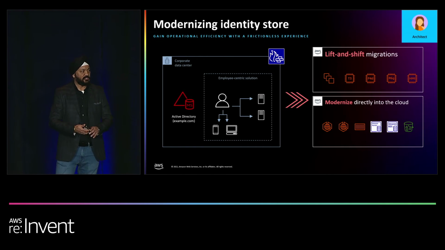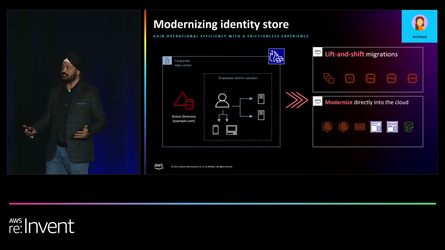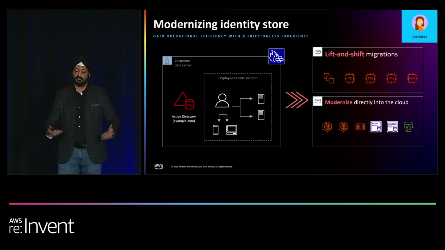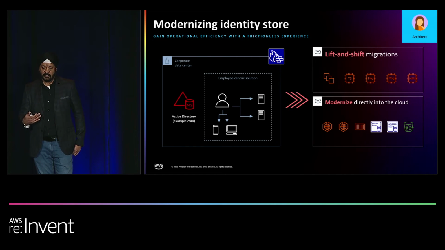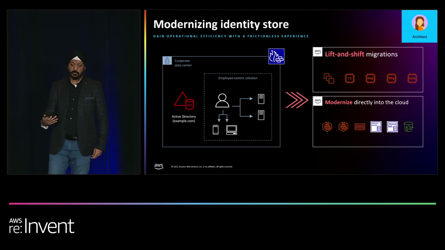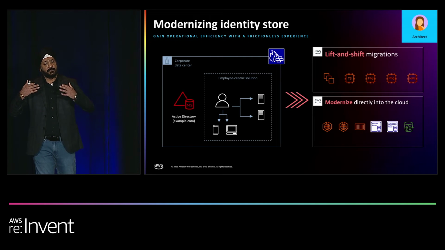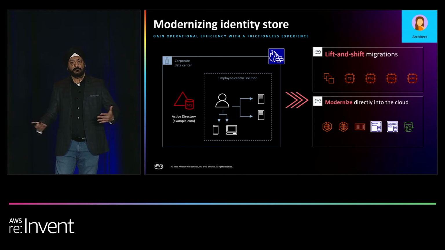Now, continuing on the journey. So we spoke about improving the security posture, improving operational efficiencies, saving time, getting some more money. So continuing on that thread and AWS tenet of meeting customers where they are, another thing that we hear from our customers is Active Directory as an identity store. Over a period of time, they have adopted Active Directory, which has worked well for them so far.